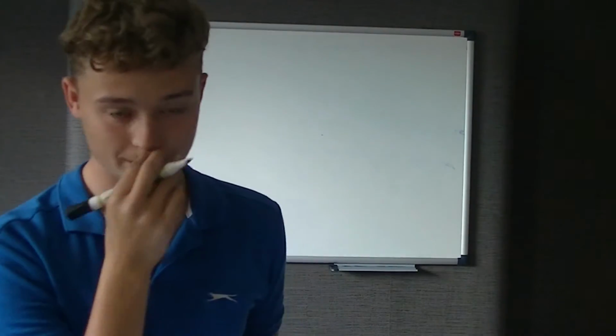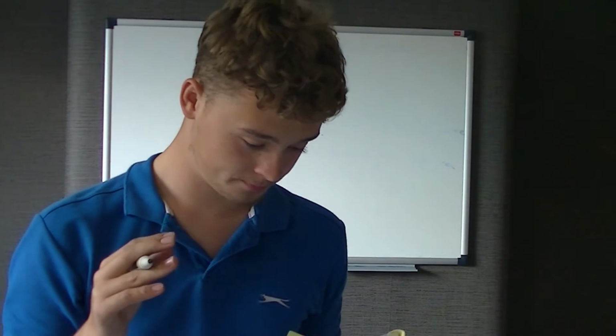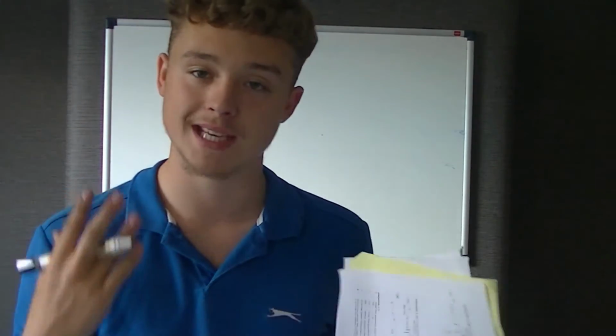Oh wait, just remember, one thing I forgot to tell you. In algebraic fractions, when you take away fractions from each other, you've got to make sure they have the same denominator. So just do what you normally do. I don't think I need to go through it on the board, but comment if you want me to go through it.